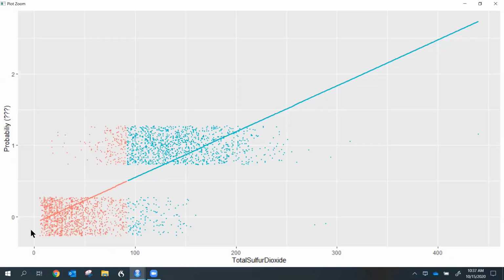And what I did is, whenever the regression line leads to a value that is lower than 0.5, the regression line is painted in red, because it would predict not a white wine, and consequently it would predict a red wine. Whenever the value is bigger than 0.5, the probability for a white wine is bigger than 0.5. We say, yeah, we predict a white wine. Then it's here in a bluish color for the white wines.